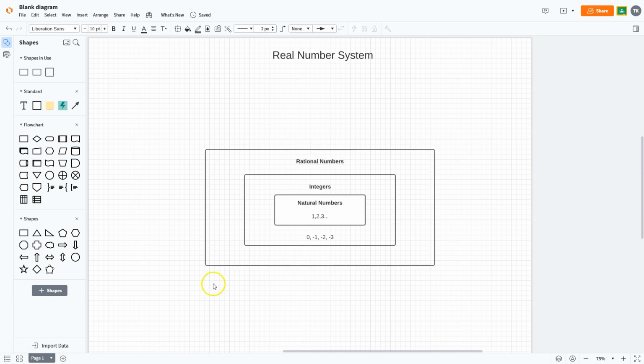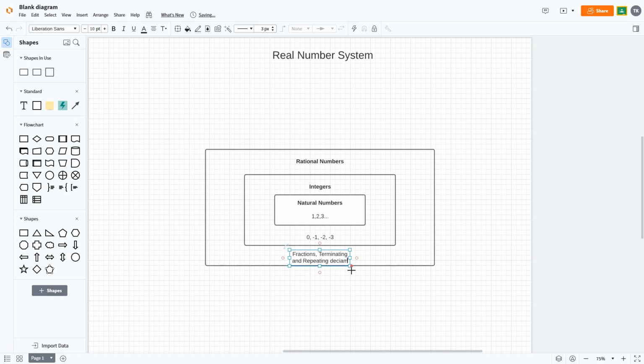All right, so the rational numbers are all of the fractions of integers. So take any integer and put it in a fraction with another integer, and that's a rational number. This includes all fractions, obviously, but also all terminating and repeating decimals.